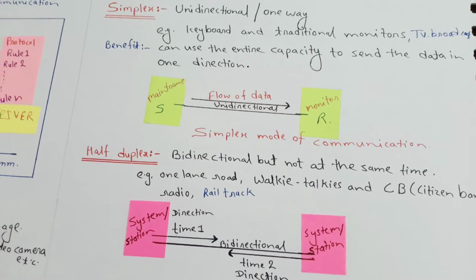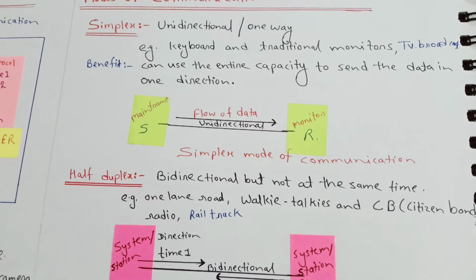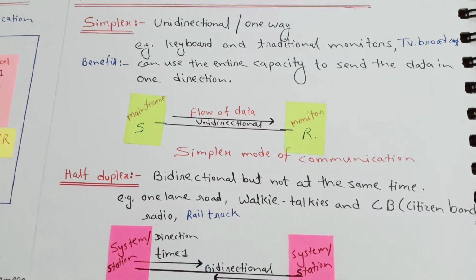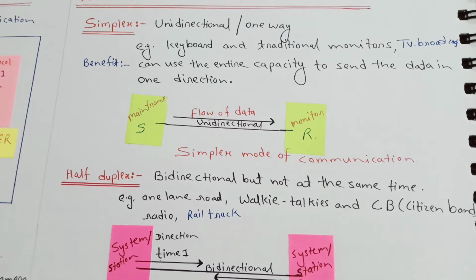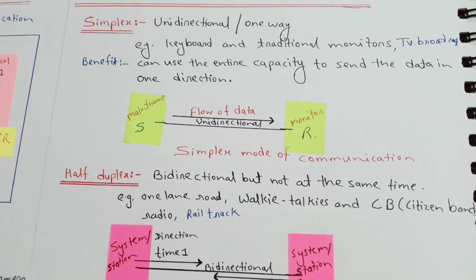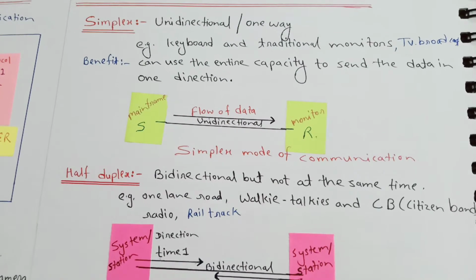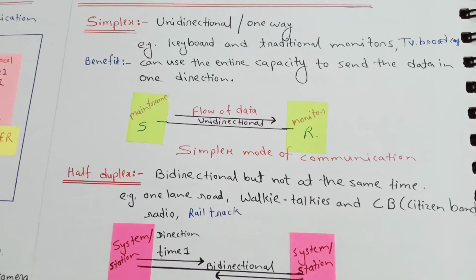Okay, it is an improved version, or the uses of both the modes of communication are different. According to need this classification has happened, and we can use any mode of communication according to our need. Then this is half duplex.